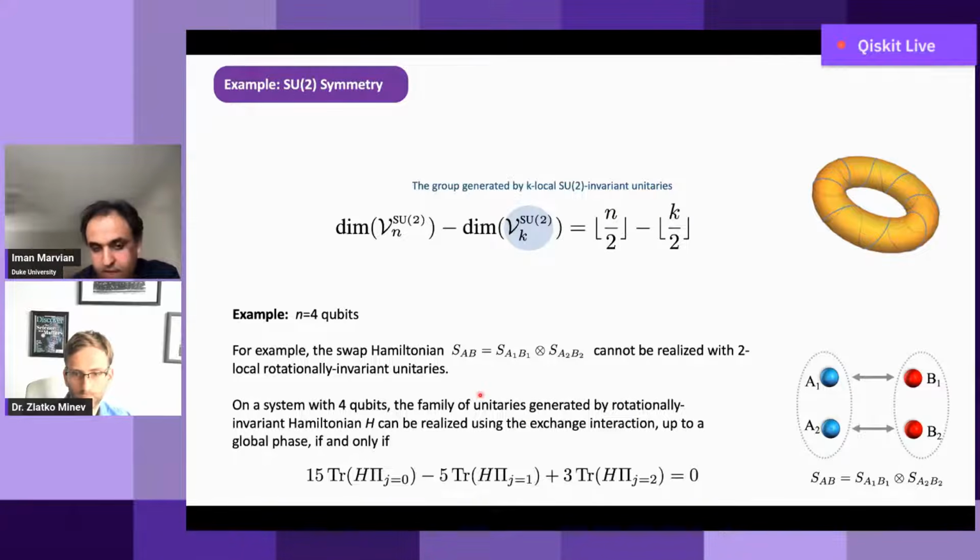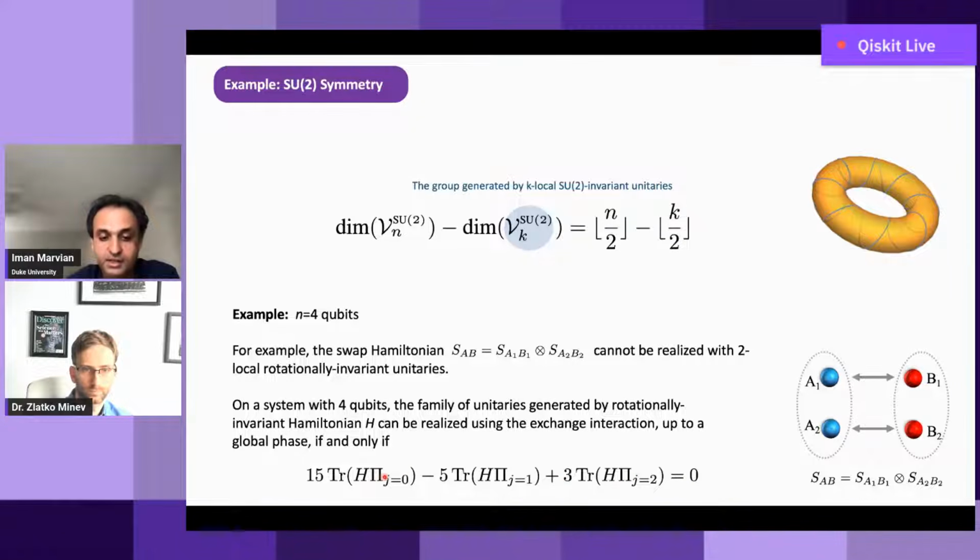I won't go through the details of why this is true, but let me just mention that in this example, the family of unitaries that can be realized on 4 qubits and respect SU2 symmetry should satisfy this additional constraint.